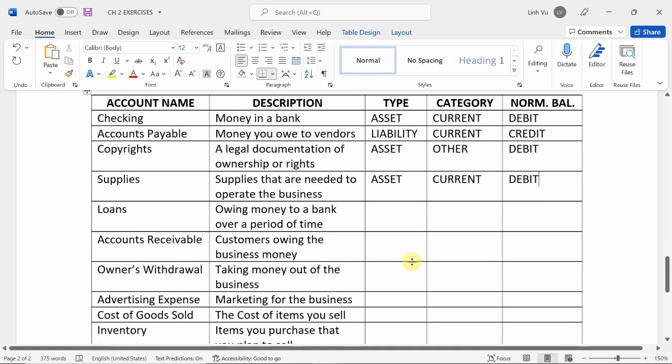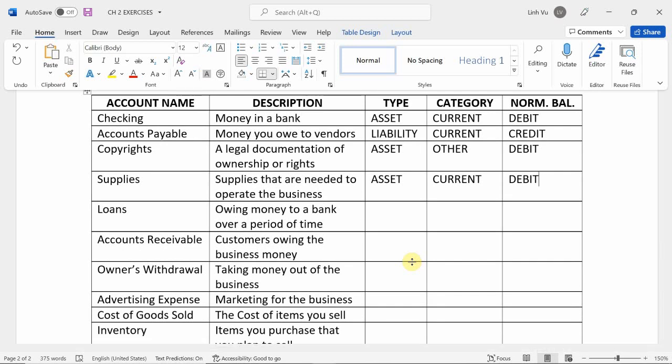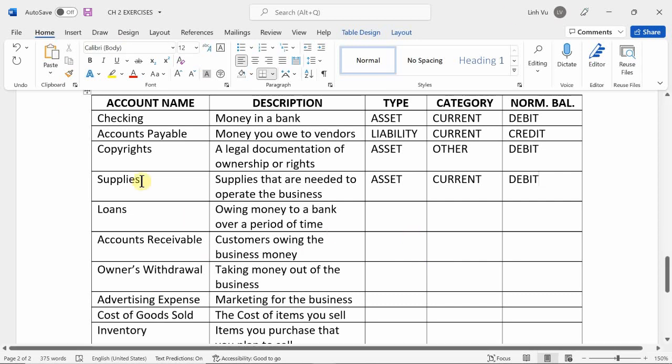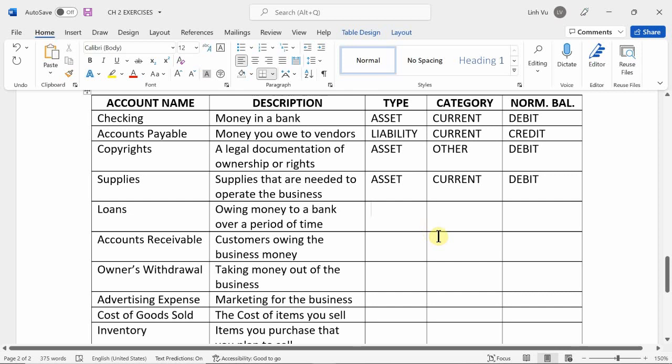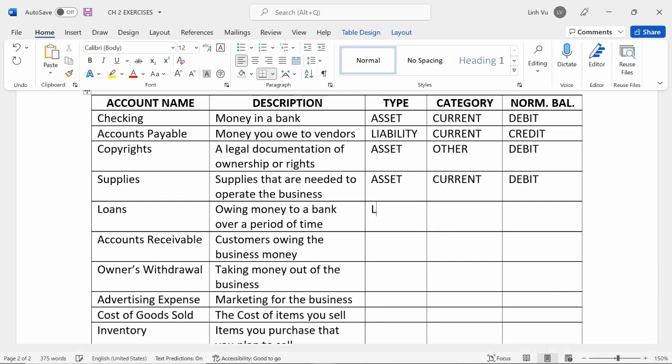Loans. Okay. Owing money to a bank over a period of time. Expense. Not an expense. Liability. Yes, because you owe money to the bank, right? Okay.